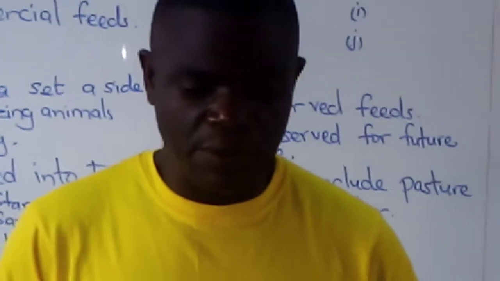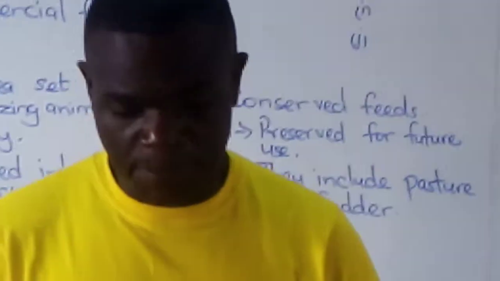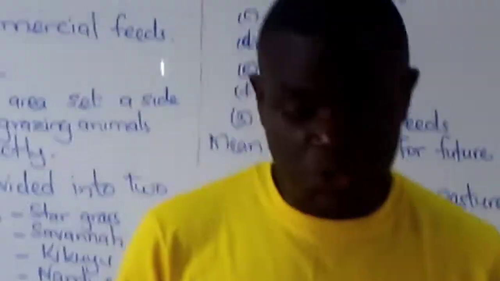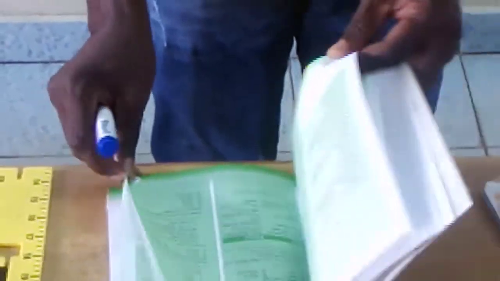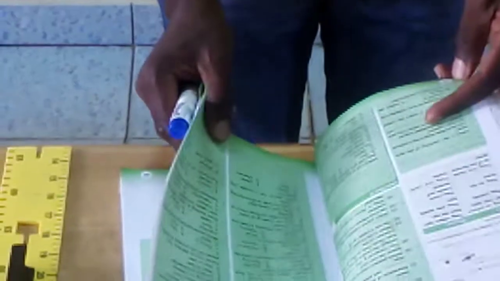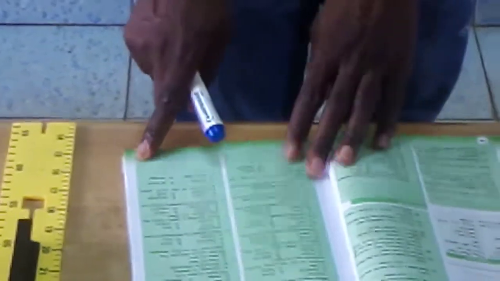Now, we want to learn science today, and I just want to remind you on page 38, pages 38 to 43. There are questions, unit test 4, that you are supposed to have attempted.